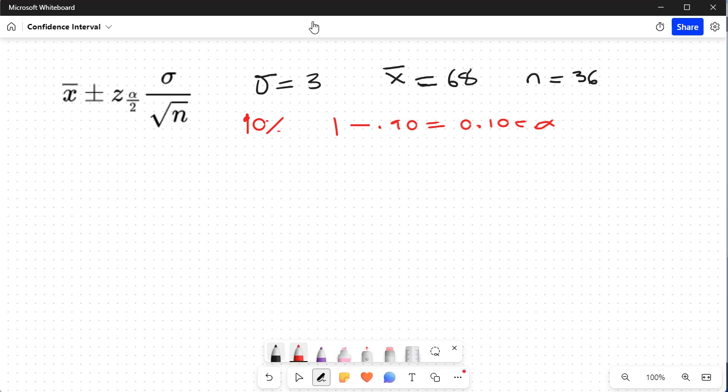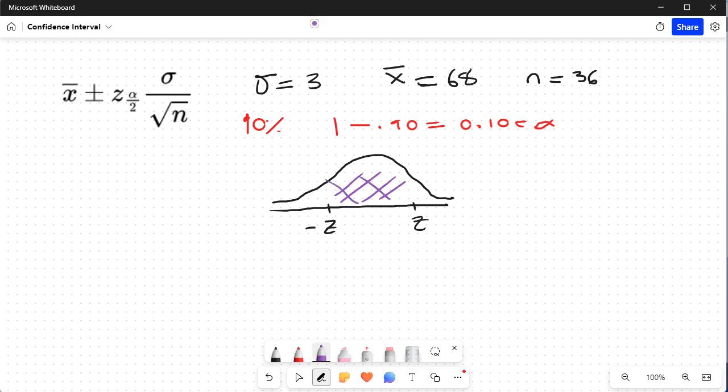To better visualize this, think of a standard normal curve, where here is your critical value but negative, and here's your other critical value but positive. Between these two values you have the 90% confidence proportion.